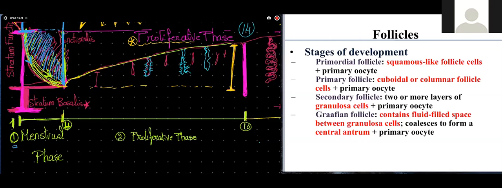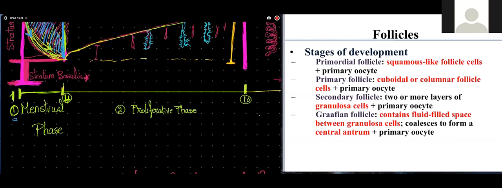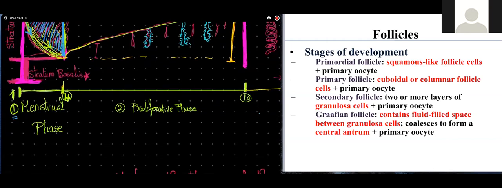So I'm adding receptors on the glandular cells for the progesterone to make them ready to respond to the progesterone. So proliferative phase. This is going to last from day 4 of the cycle to day 14 of the cycle, around 10 days.